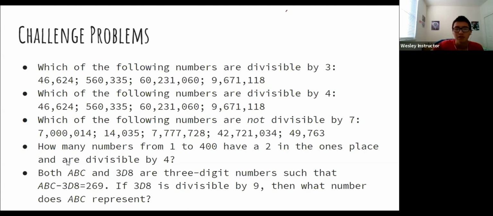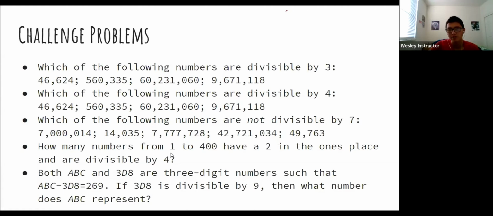How many numbers from 1 to 400 have a 2 in the ones place and are divisible by 4? To solve this one, you first need to find the numbers that have a 2 in the ones place and see which ones are divisible by 4. One way to do this is to split it up into sections, into quarters. First look at 1 to 100 and see if there's a pattern there.